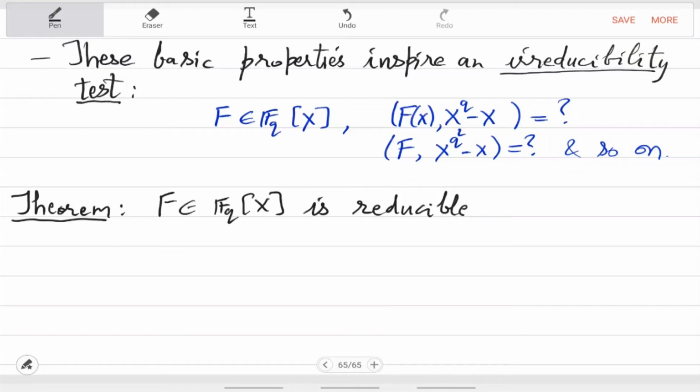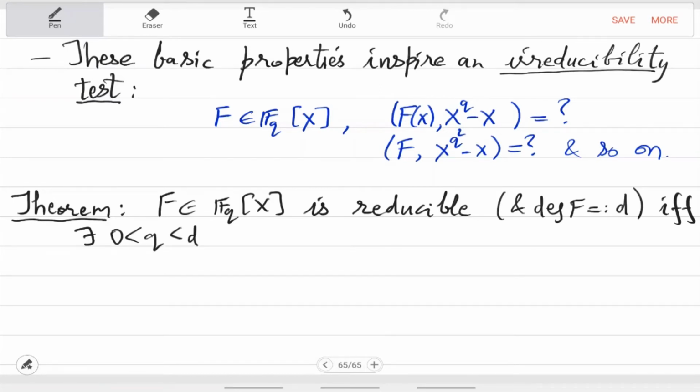Big F, say its degree is d, factorizes if and only if there is some i such that the GCD of big F with x to the q to the i minus x, with respect to the variable big X, both of them univariates over the underlying finite field, is not 1.